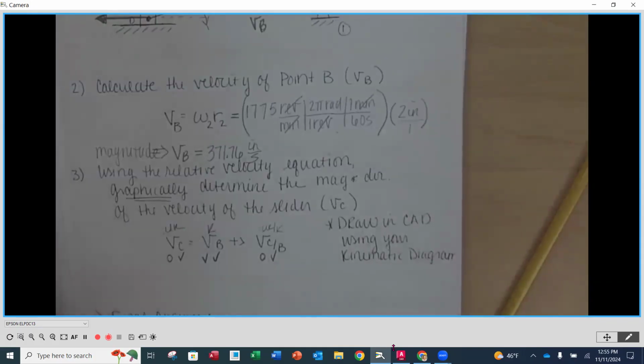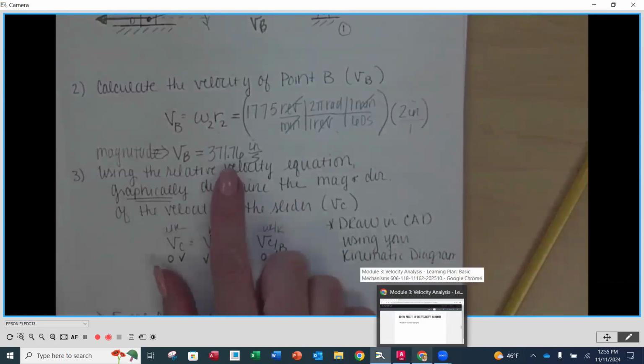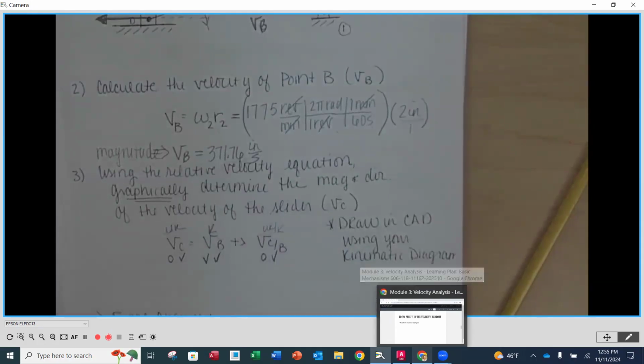So instead of drawing this 371, I'm going to move the decimal place 2 places to the left, and I'm going to draw the length of B to be 3.7176 inches long. Does that make sense to everybody? So when you do your final answer, you're going to have to move that decimal place back 2 places, because your answer needs to be in the correct value and units, the correct magnitude and units. Does that make sense to everybody?